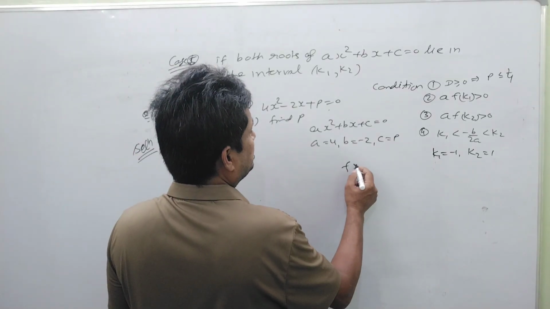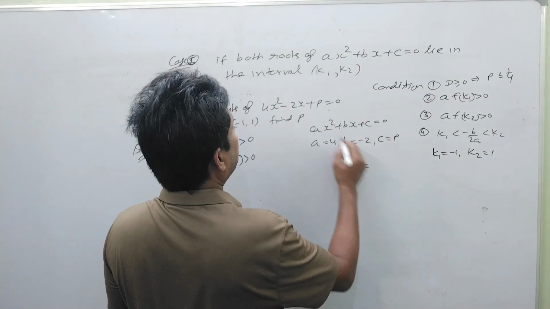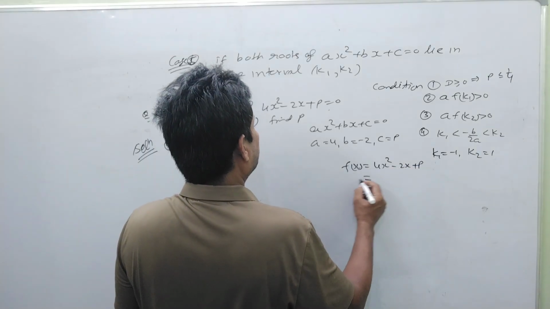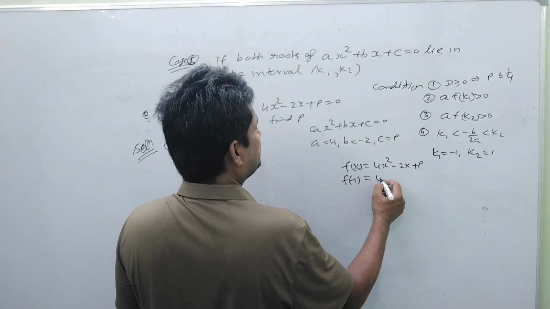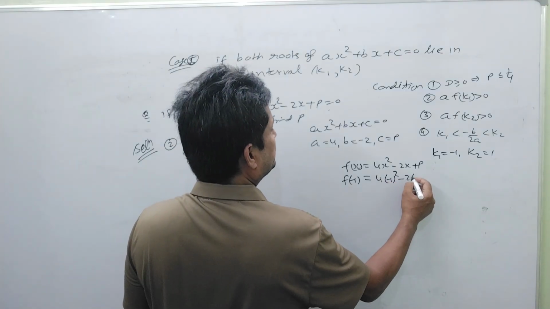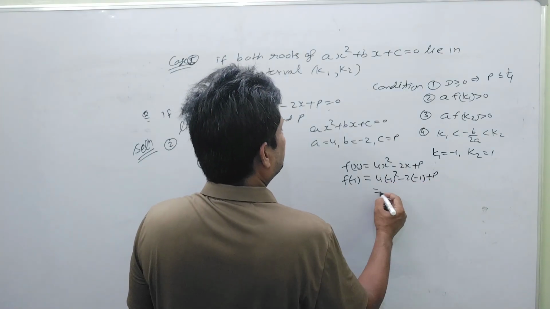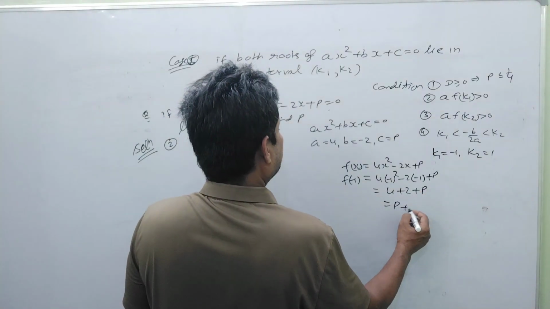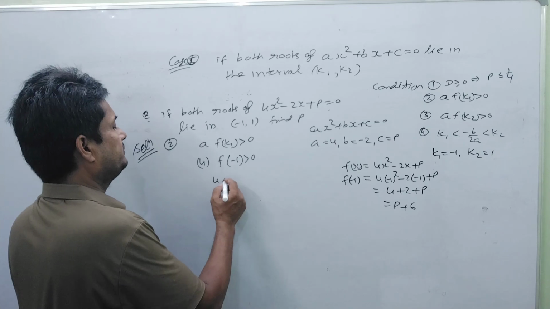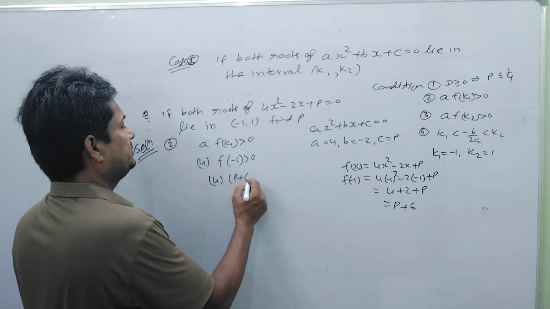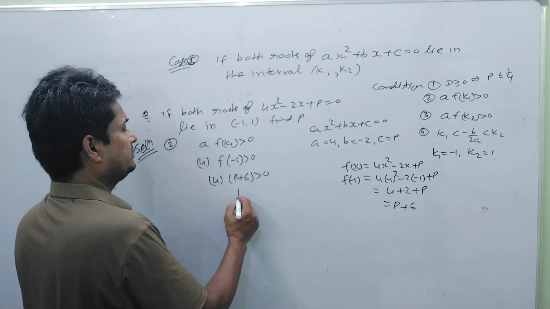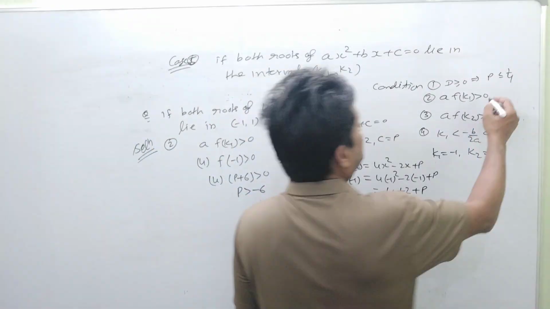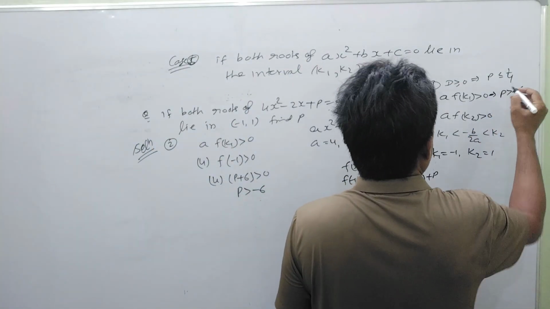We have f(x) as 4x square minus 2x plus p. So f of minus 1 will be 4 into minus 1 square minus 2 into minus 1 plus p, that means 4 plus 2 plus p, so this is p plus 6. Now substitute here: 4 into p plus 6 greater than 0. So the answer from here is p greater than minus 6.